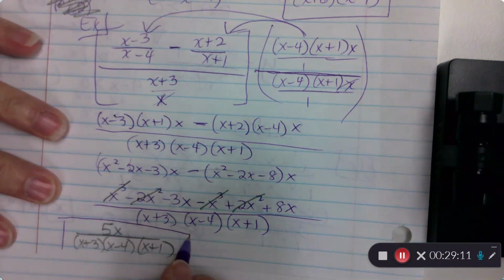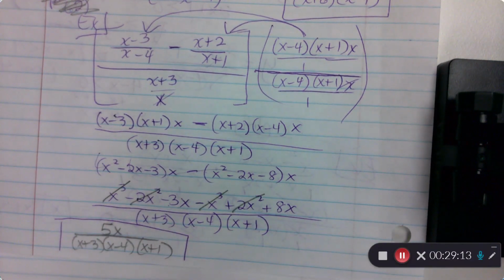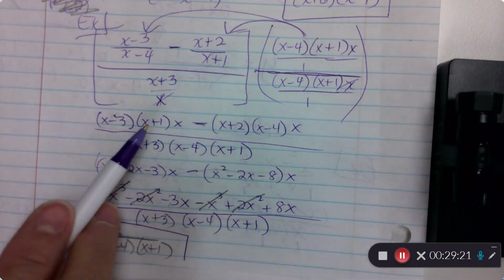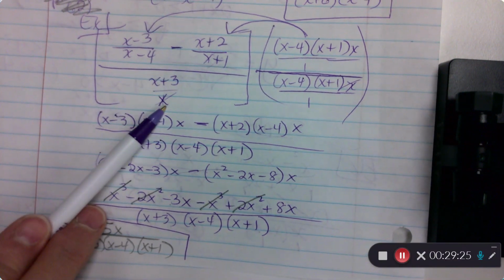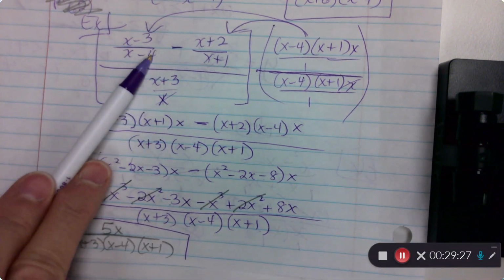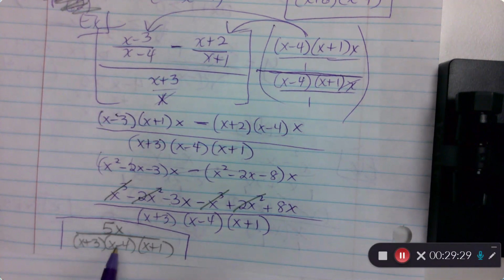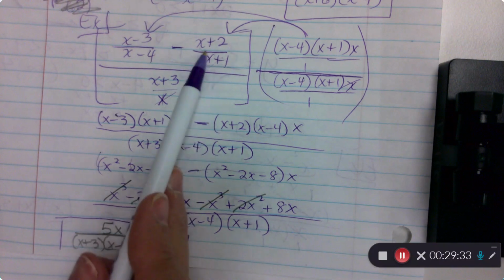Now, I would say, looking at the very original problem that I made up, that can't be 0. Well, that's in the denominator. It's obvious. X plus 1 can't be 0.